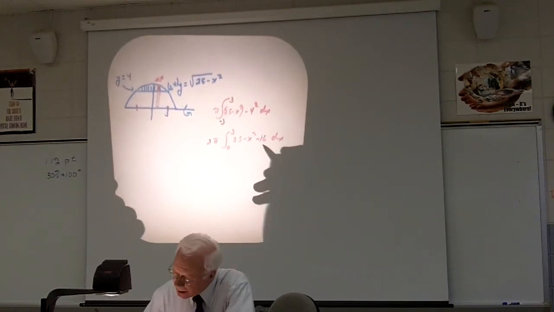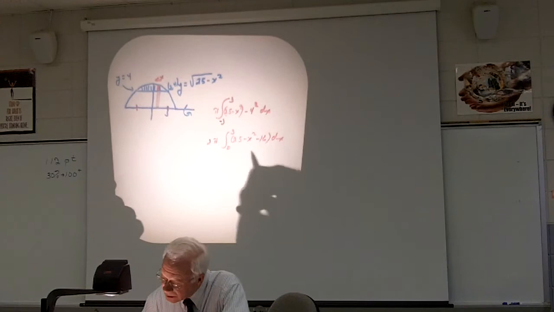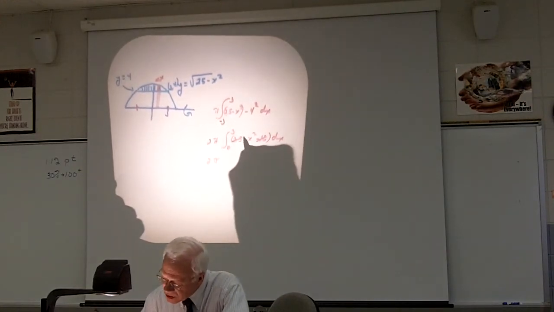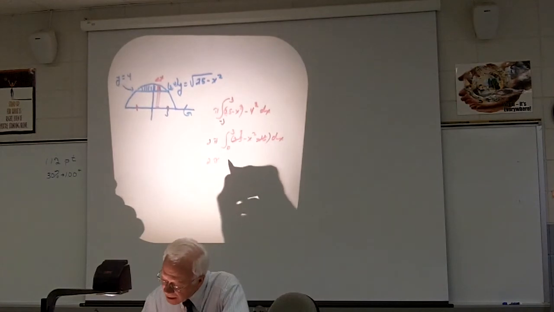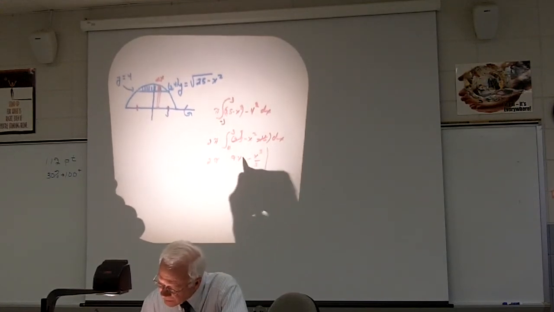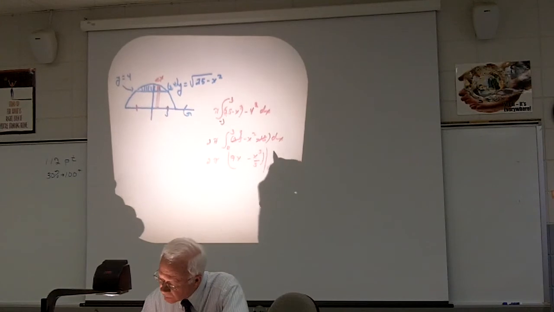Right. Thank you. Okay, so we're going to have a 2 pi. That's just a 9, right? Yeah. Okay, so the antiderivative of 9 is 9x minus x cubed over 3, and then I'm going to evaluate that from 0 to 3.